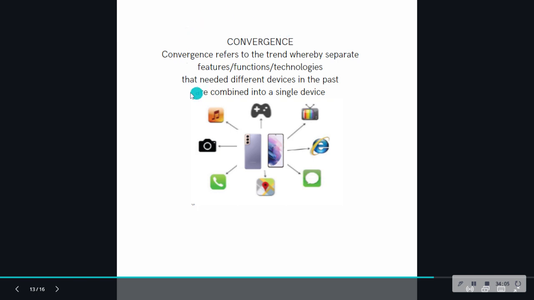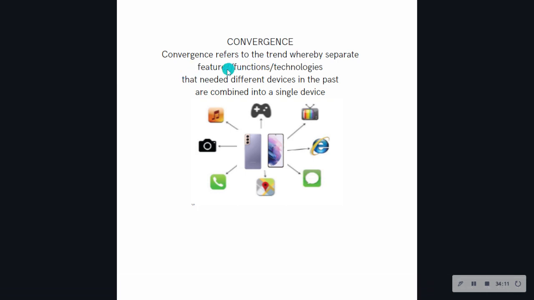Okay, and then this is a new word for some of you. The convergence of something refers to the trend whereby separate features or functions or technologies that needed different devices in the past are now combined. So I made a little picture for you. This is the S21 lavender phone.